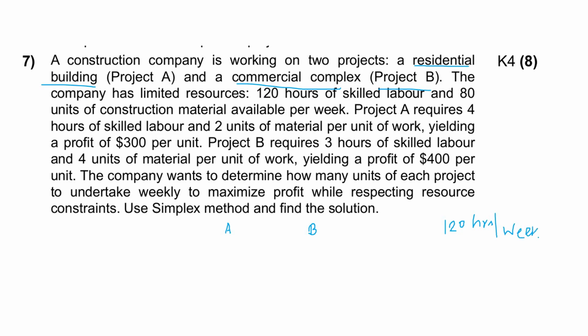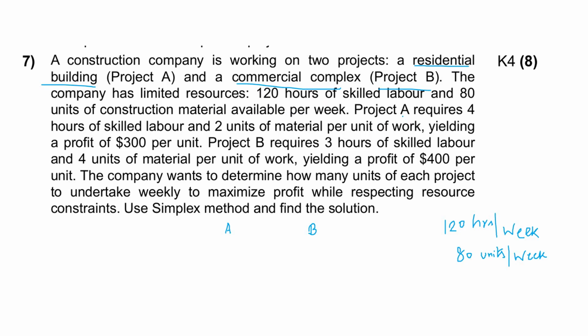So you can utilize only 120 hours for both the projects, and you have limited construction materials. That means you have only 80 units of materials per week. These are the constraints.